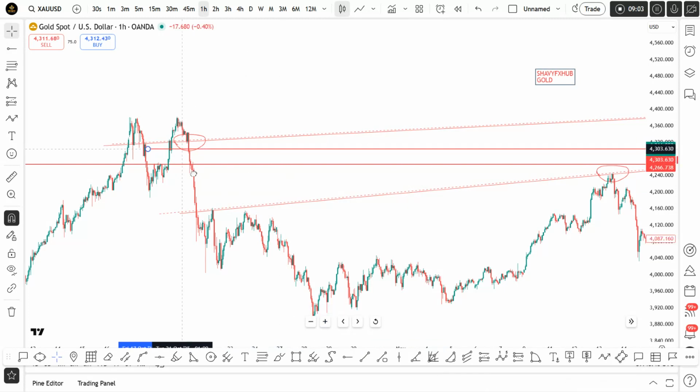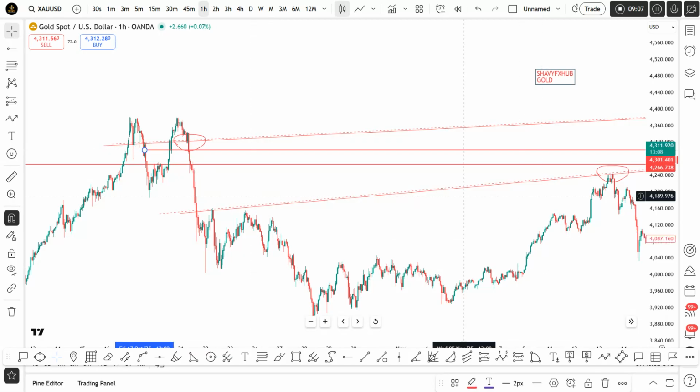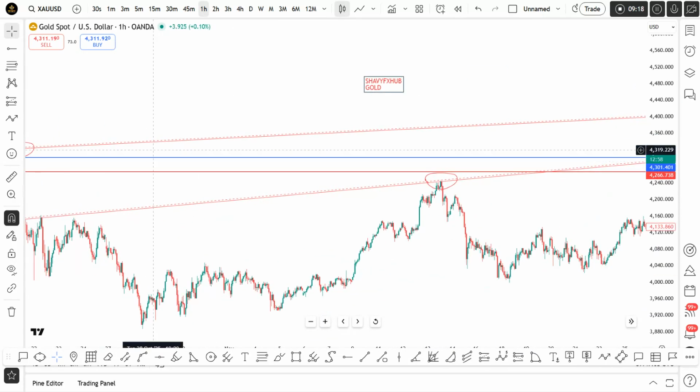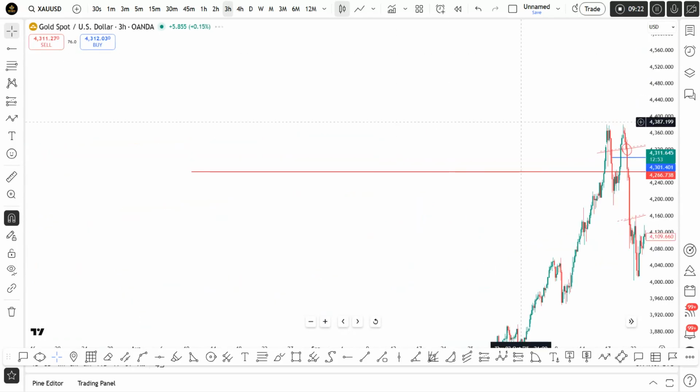So price can fall back on this structure and continue upswinging. So the market is getting a little bit technical now, and as it continues to get more technical, more strategies will not work.